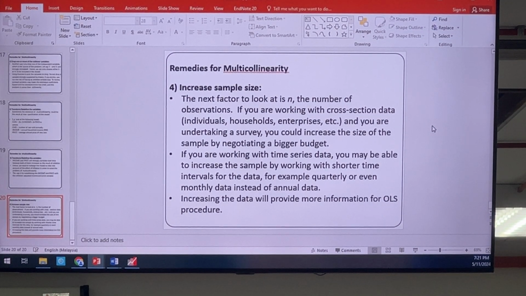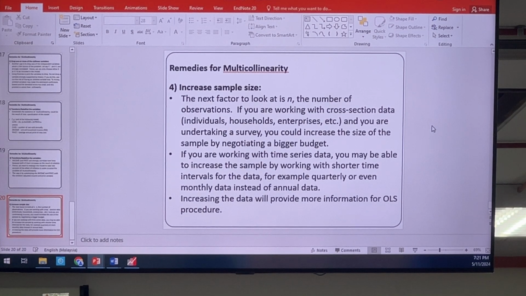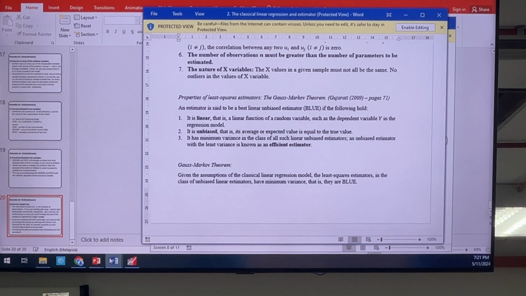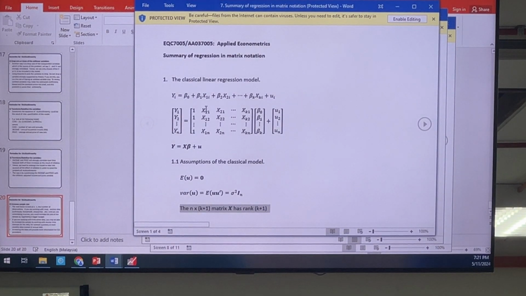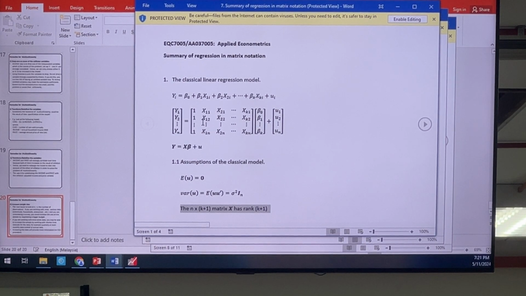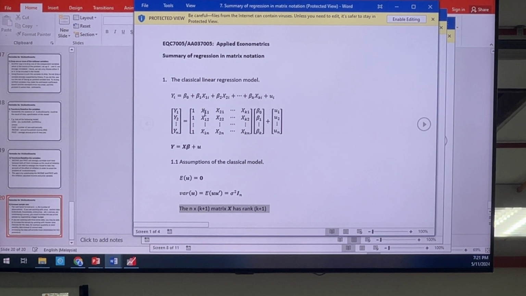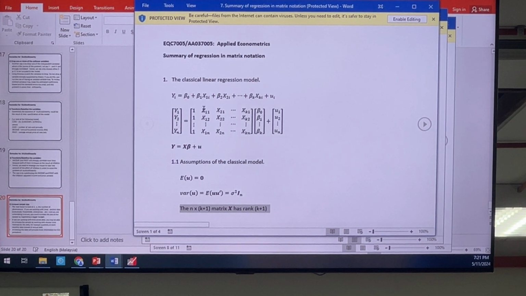So it reduces the chance of having what we call coincident linear dependence between variables. Let's say you have x1 and x2. If you have a small sample size, there is a high possibility of a coincident linear relationship between variables.